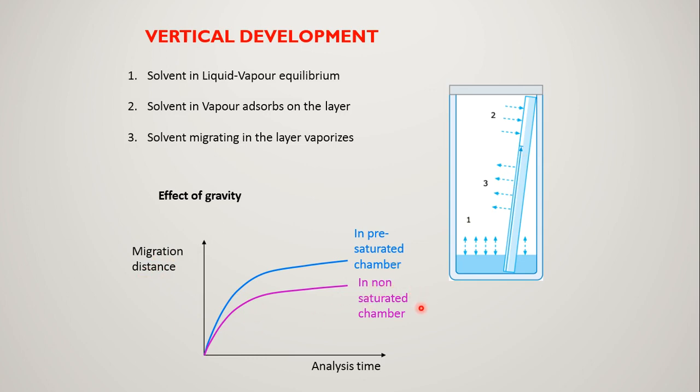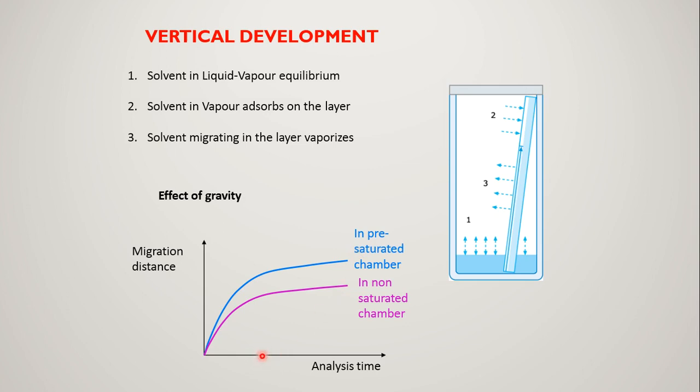If the chamber is non-saturated with solvent vapors, then what we see is that at the same analysis time period, the actual experiment period, when the solvent starts running from the starting line, the travel distance of this mobile phase will be lesser compared to the condition when the chamber is completely saturated with solvent or mobile phase.